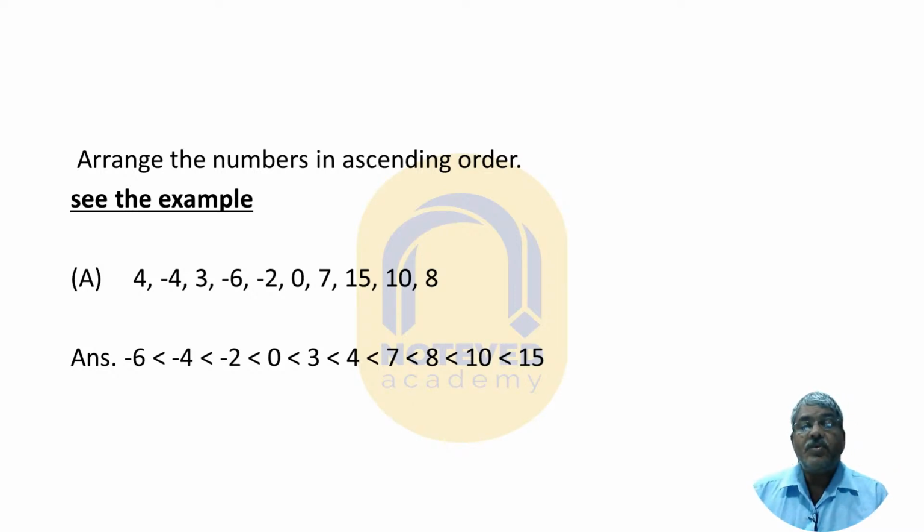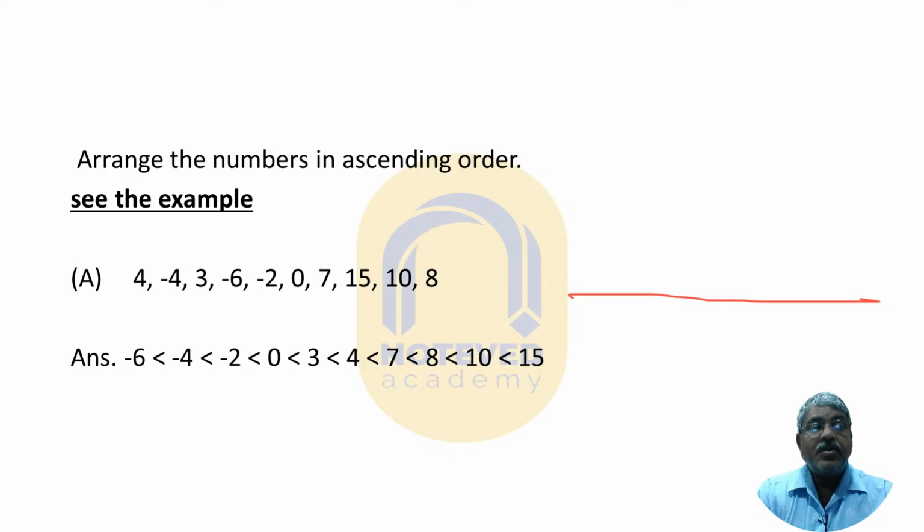So now you see, students, my previous teacher explained something to you. When you want to arrange numbers in ascending order, do you understand the number line in this way? The number line comes to the middle.